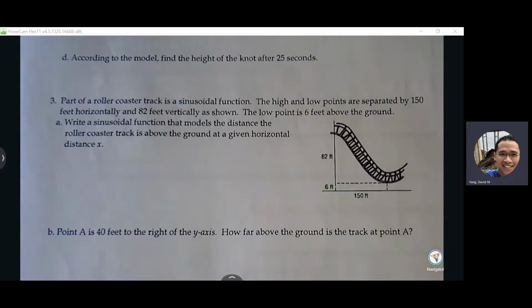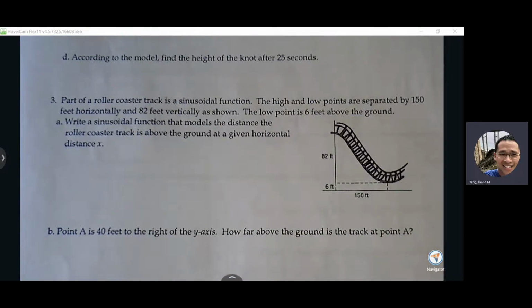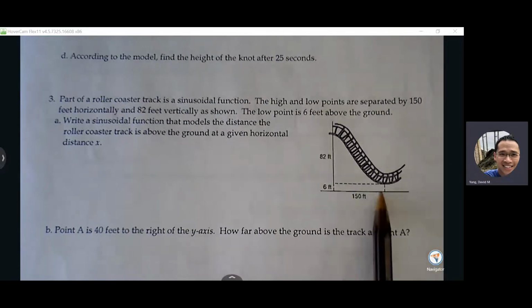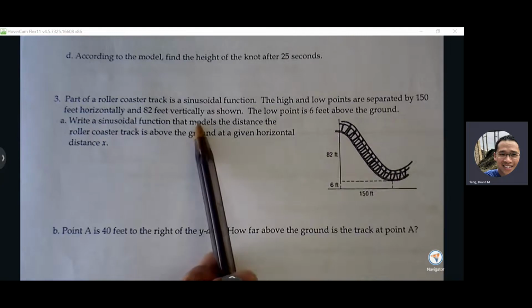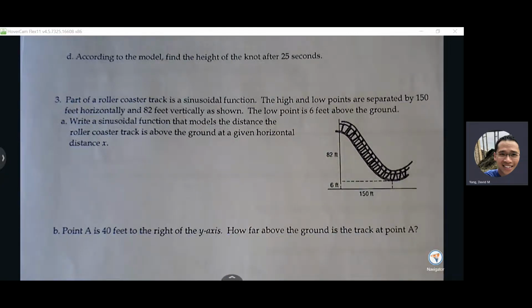The high and low points are separated by 150 feet horizontally. So the peak and valley are separated by 150 feet, and 82 feet vertically as shown. The low point is 6 feet above ground.